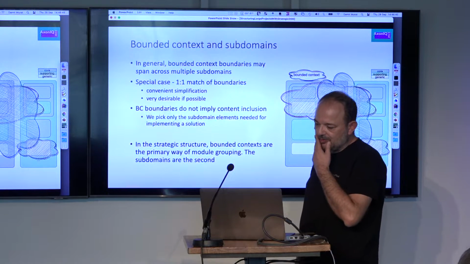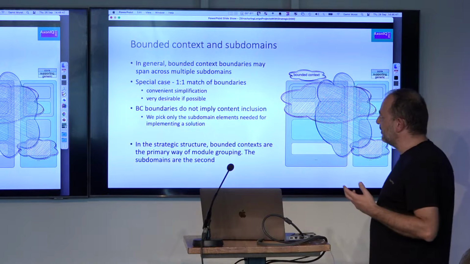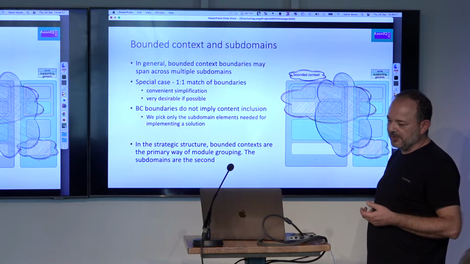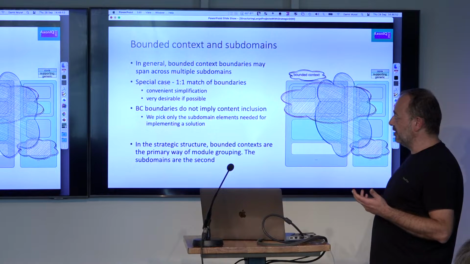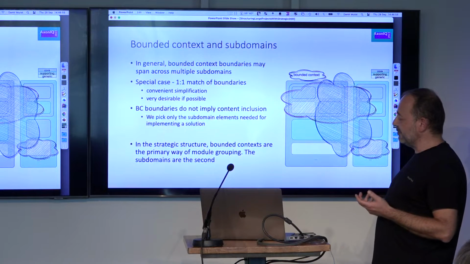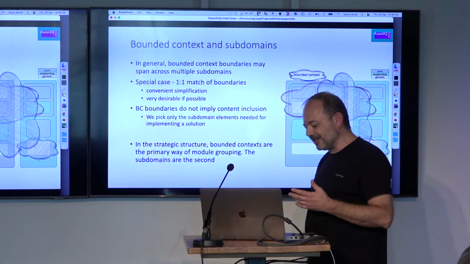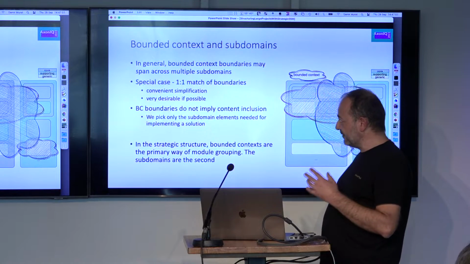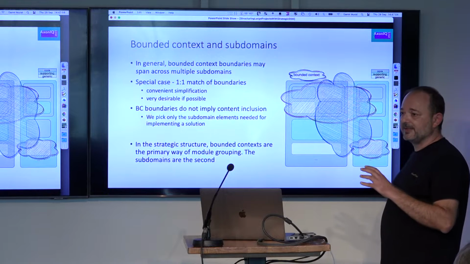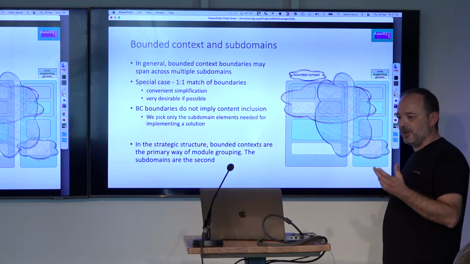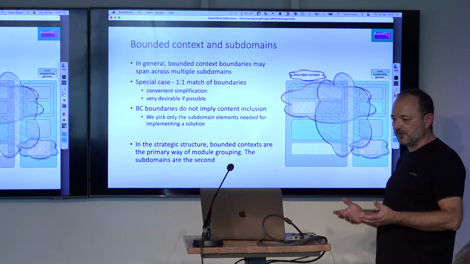It is interesting to analyze for a moment the relationship between bounded context and subdomains. So in general, bounded context boundaries may span across multiple subdomains. But there is a common special case which is very convenient, and that is when bounded context boundaries match one-to-one with a single enclosed subdomain.